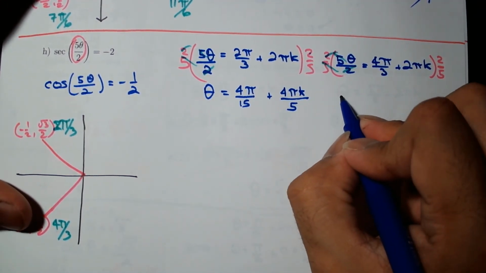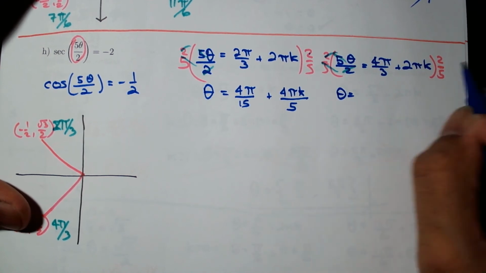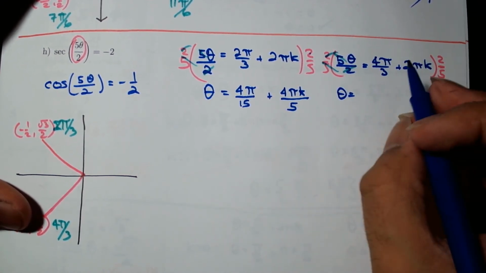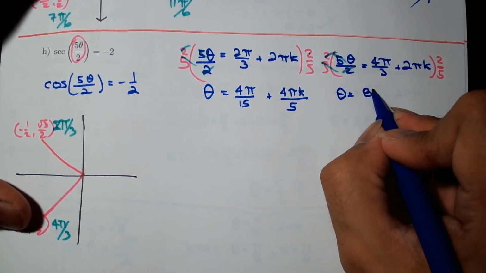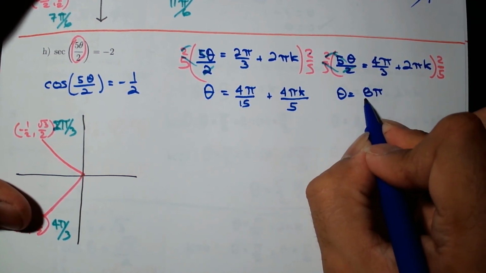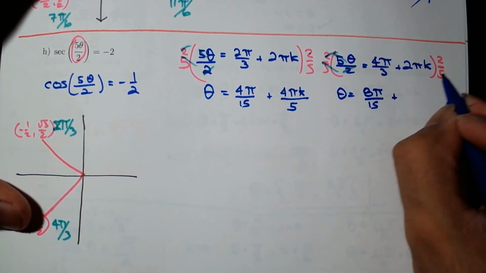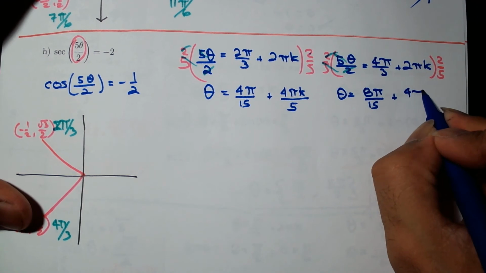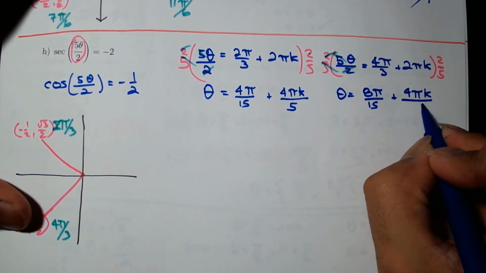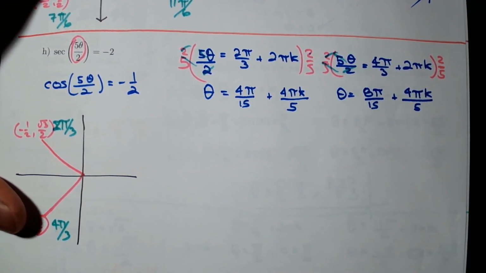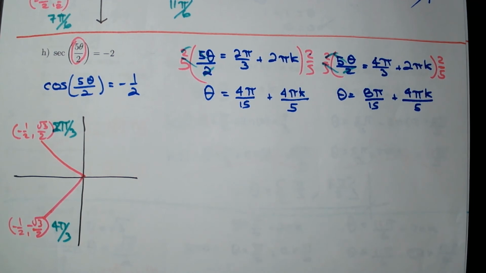And for the second general solution, theta equals 2 times 4, that's 8. 3 times 5, 15. Plus 2 times 2, that's 4. Alright, 4 pi k over 5.